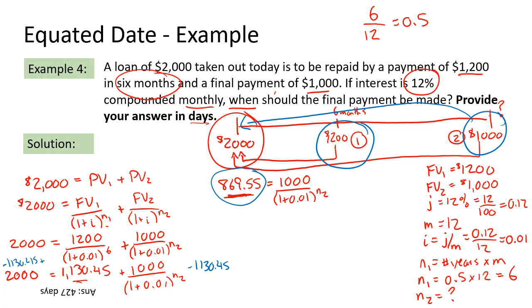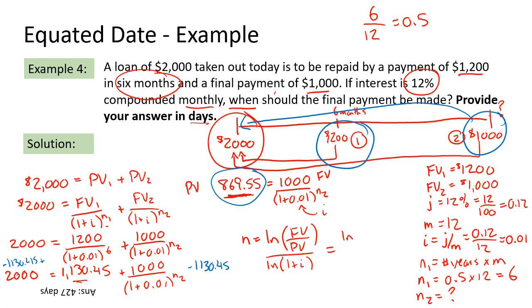So that means that we have a present value, a future value, and a periodic interest rate. So we can use the formula that we've derived, which is n is equal to the ln of the future value over the present value divided by ln of 1 plus the periodic interest rate. We can substitute these values in.